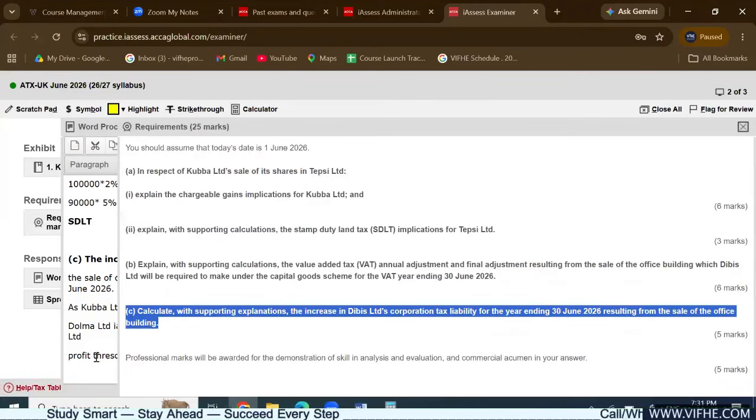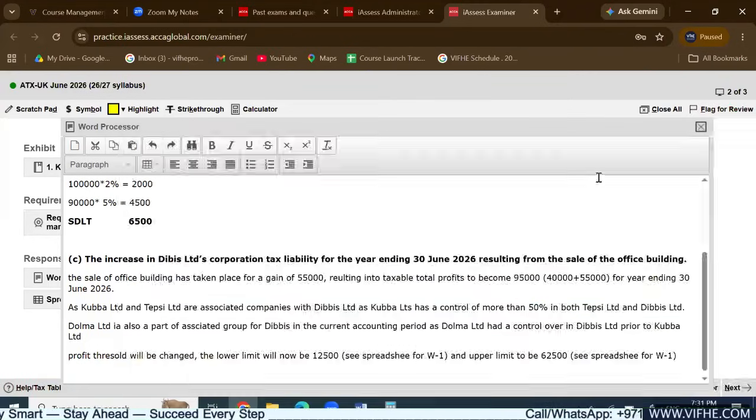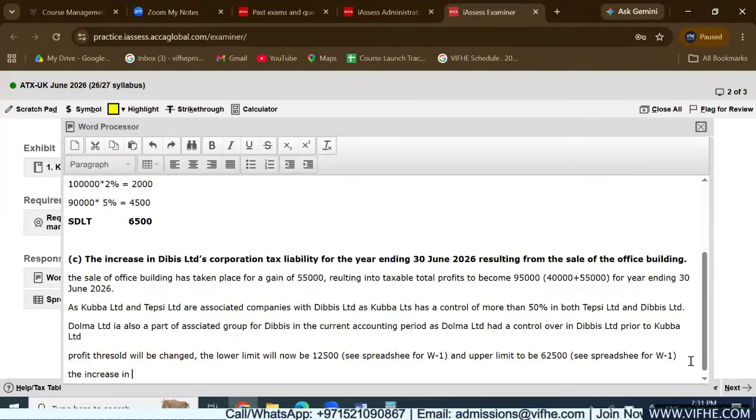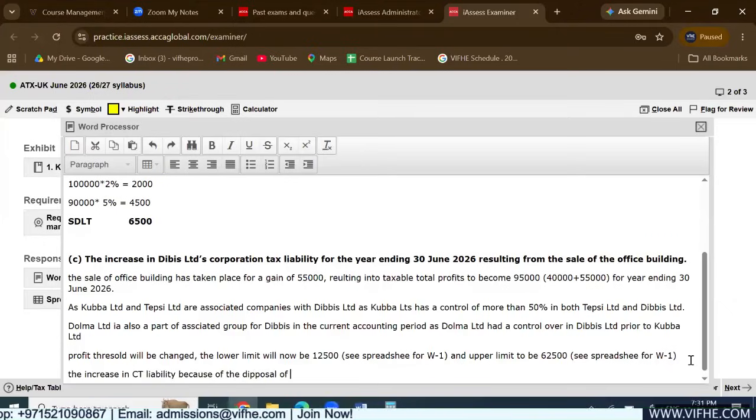And of course, as I have started making an explanation on the Word document, it will remain incomplete if I don't mention this. So the increase in corporation tax liability because of the disposal of the office building will be 14,088 pounds.